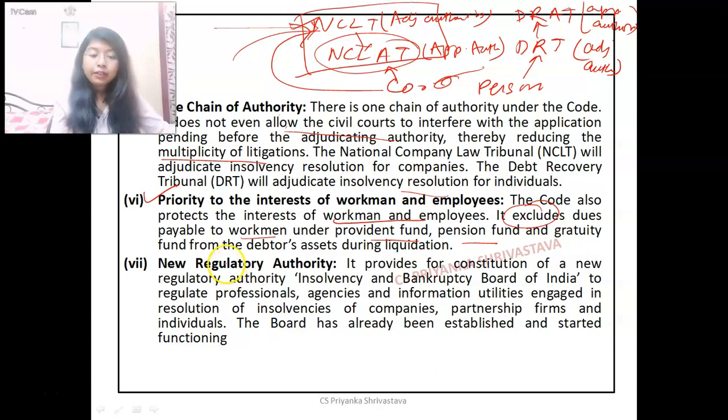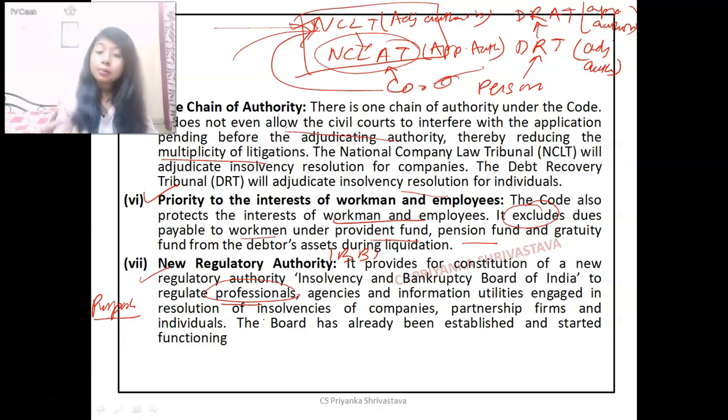Now, new regulatory authority. The code provides for the constitution of a new regulatory authority named IBBI, that is the Insolvency and Bankruptcy Board of India, to regulate the profession. What is its purpose? Basically it regulates the profession. What professionals? Professionals like us, CA, CS, CMA. We can become an insolvency professional who helps the company revive from insolvency.